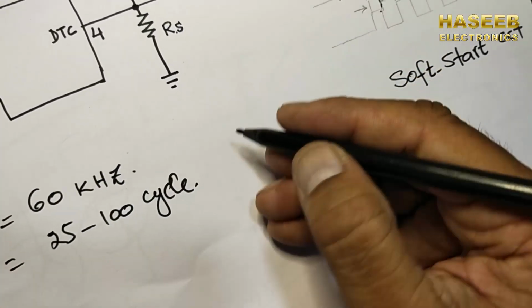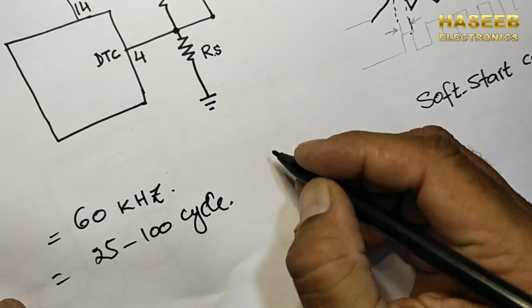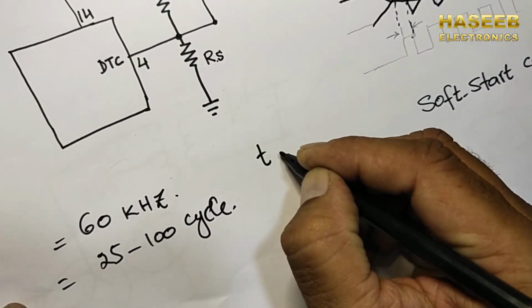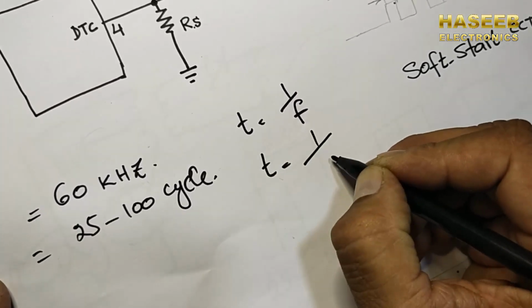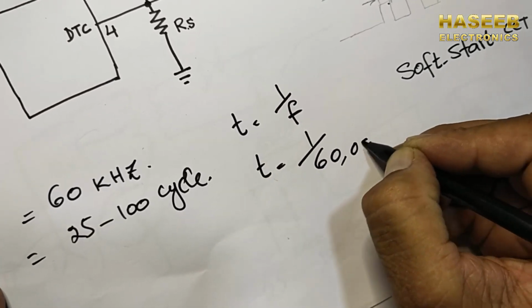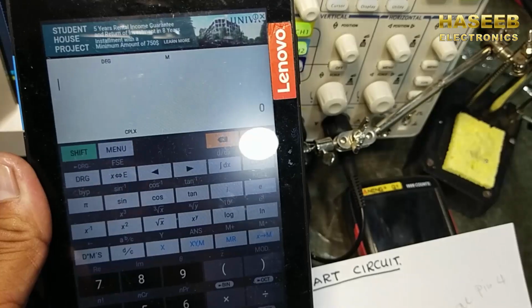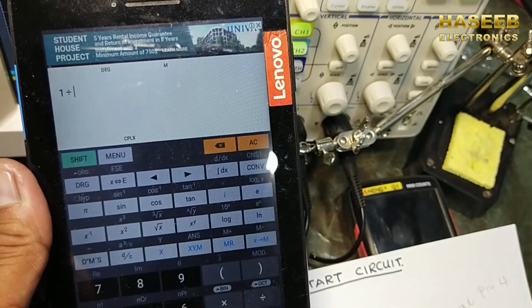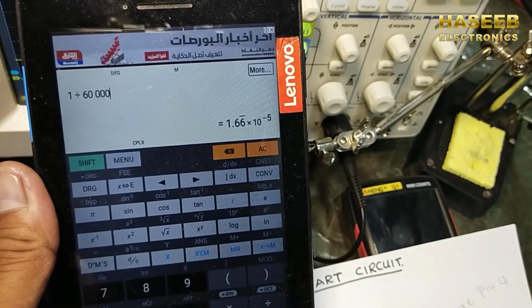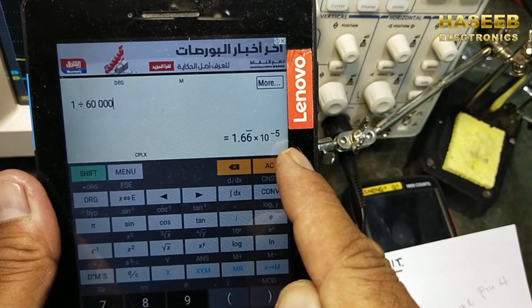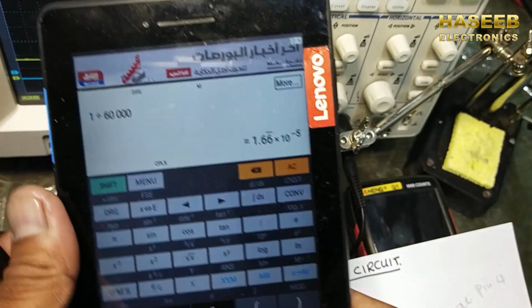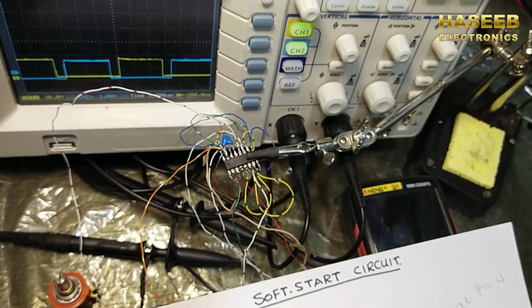To find the time period for one cycle, T is equal to 1 over F. T is equal to 1 over 60,000. 1 divided by 60,000 is 1.66 times 10 raised to power minus 5. We can say 16 microseconds for one cycle.